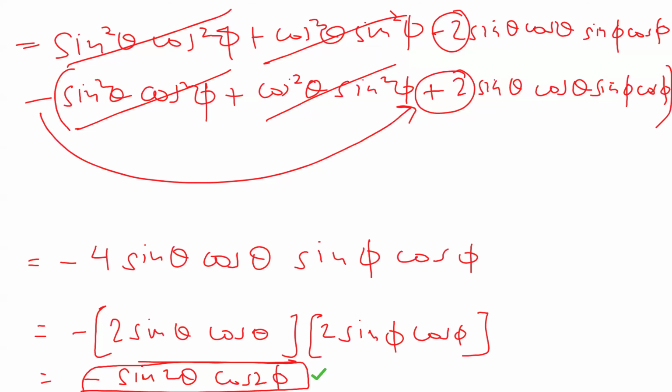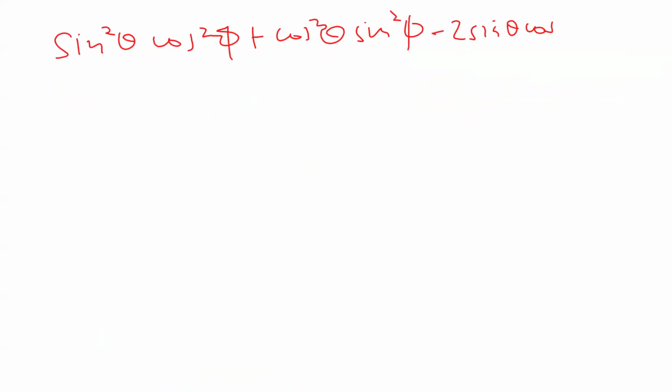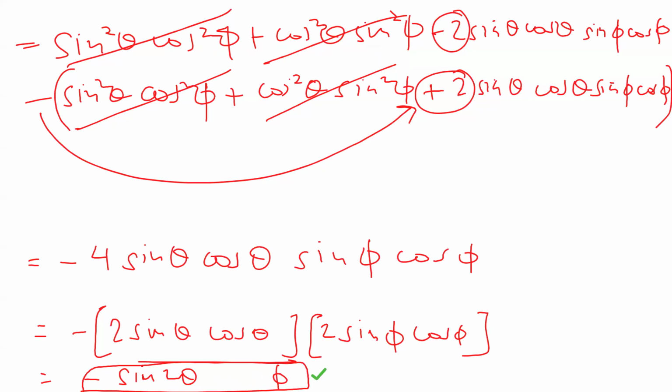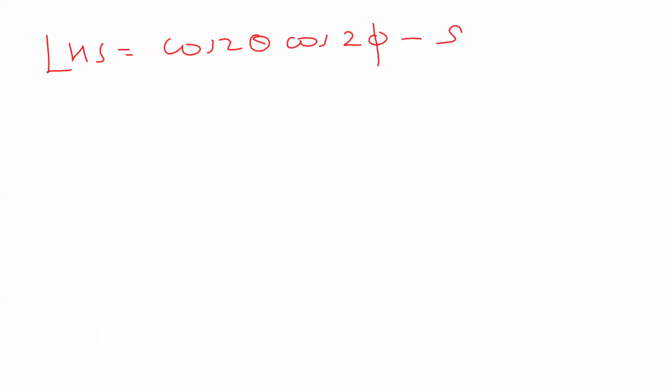Sine 2 phi. Oh, sorry, I just applied the wrong formula. 2 sine phi cos phi is sine 2 phi. It's a half angle formula. So I'll just put this value: minus sine 2 theta sine 2 phi.